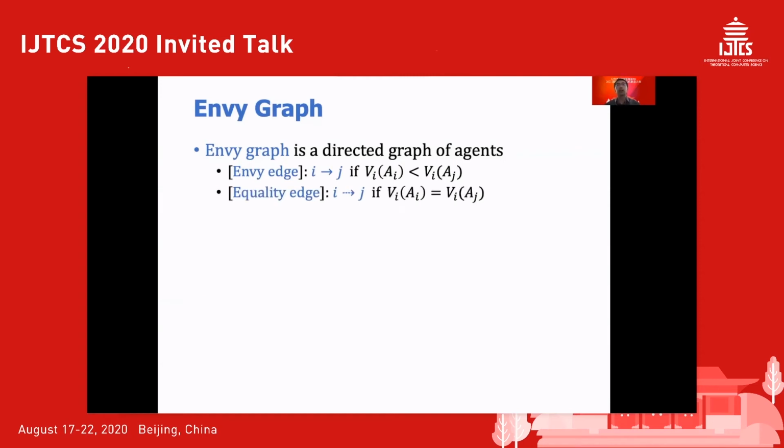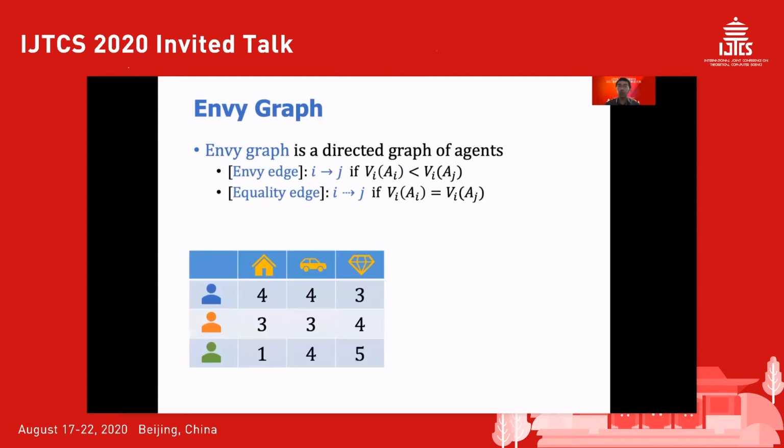The second type of edge is called an equality edge. In this case, if agent I thinks his own bundle has exactly the same value as agent J's bundle, then we have an equality edge from agent I to agent J. We're going to use a very simple example to demonstrate.